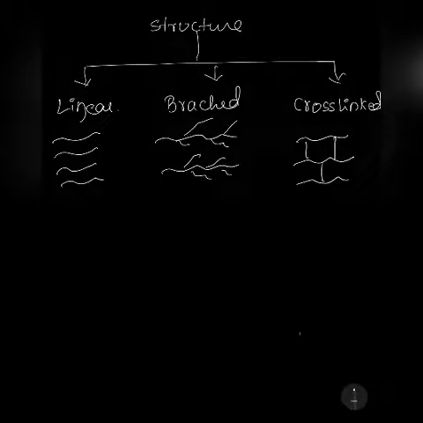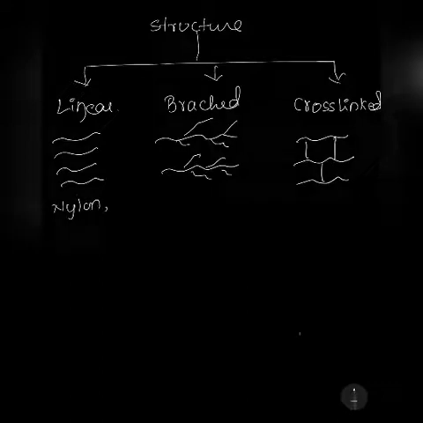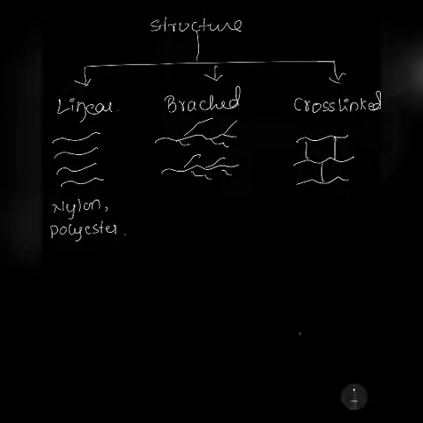So remember, for linear polymers, an example you can go with is nylon. I think you might have heard these common words: polyester. We commonly call it polyester. These are some examples for linear polymers. And for branched polymers, we have starch and glycogen.